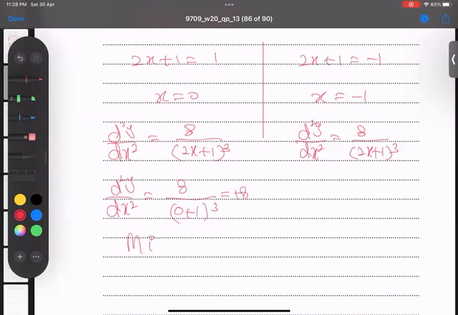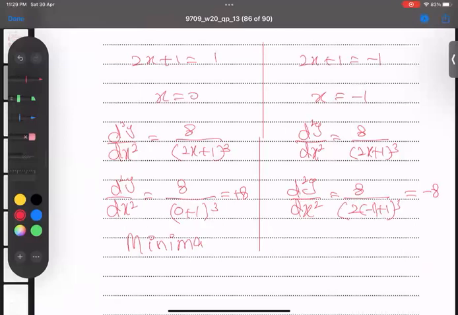This is called a point of minima. And let's talk about the second point. When I plug in -1 here, the second derivative becomes 8 over (2 times -1 plus 1) to power 3. So it gives us -8.